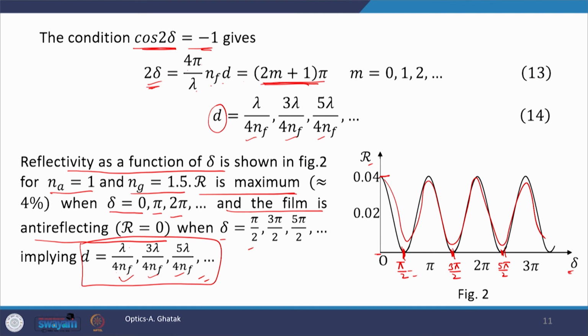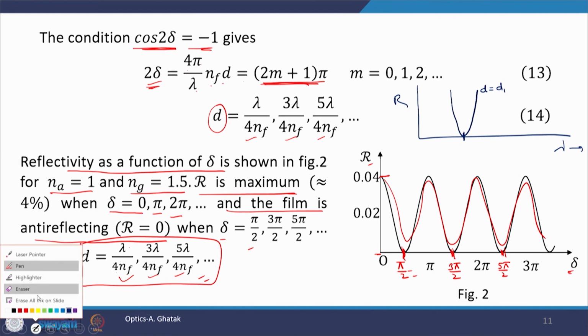Now, the answer is no, because if we pick the larger values of thickness, then what will happen is that, let us plot here the wavelength and here the reflectivity. For a larger value of d, say the minima is appearing at this point at some wavelength, and this is for some d equal to D1.